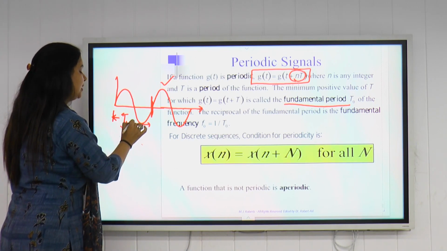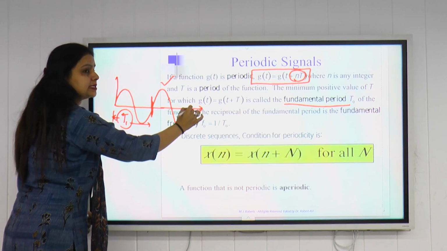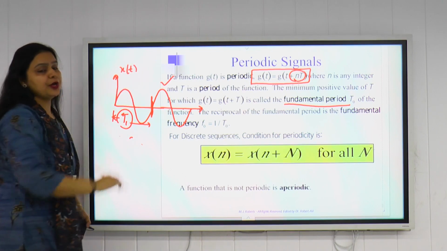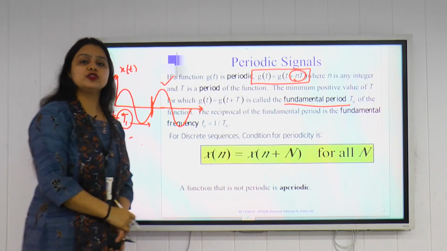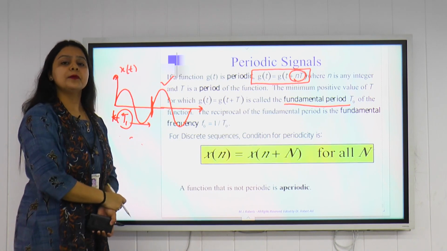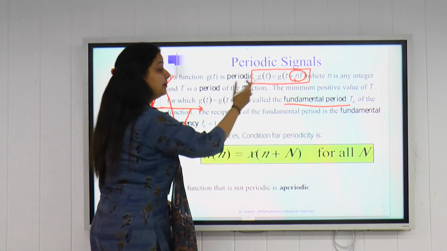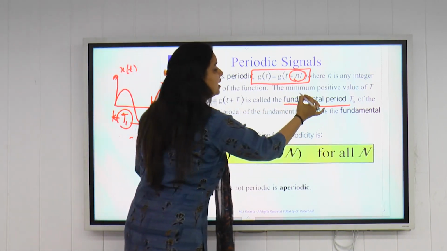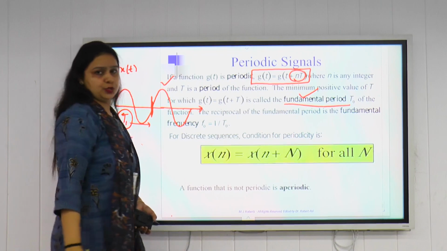After this T1 time, the signal is repeating itself. So this type of signal is considered to be a periodic signal. Any signal which is repeating after a particular instant of time is considered a periodic signal, and the time period after which it is repeating is known as the fundamental time period.